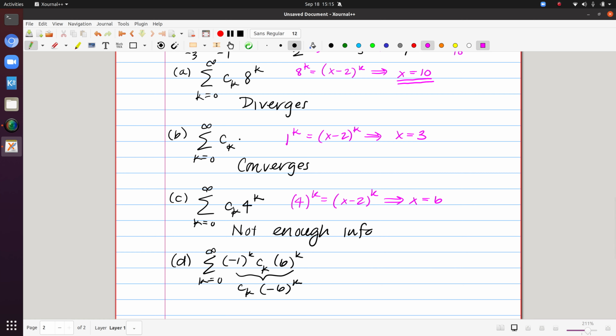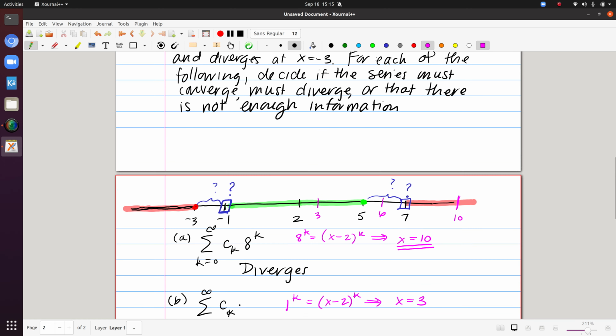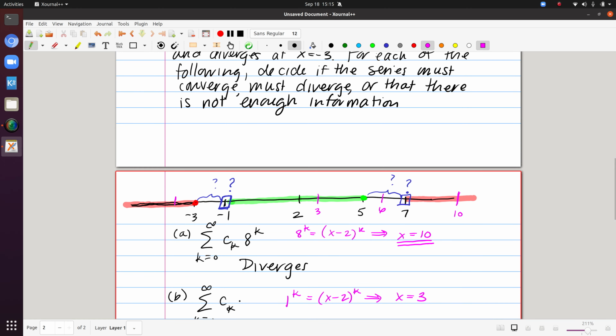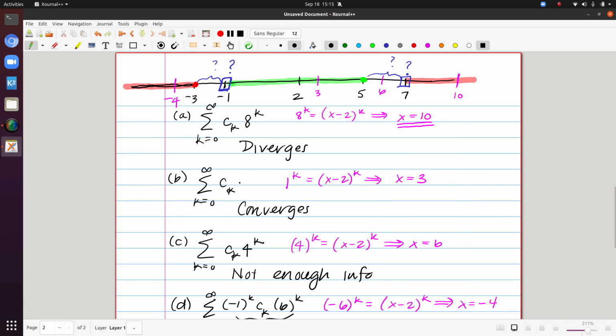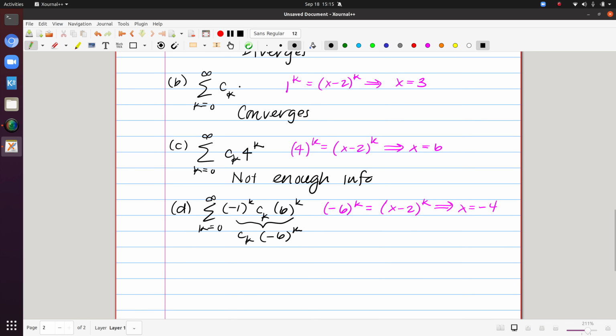So it's really negative 6 to the k that I'm equating to x minus 2 to the k. So my x value here is minus 4. Minus 4 falls into this region. And so we know here that this would diverge at that point.